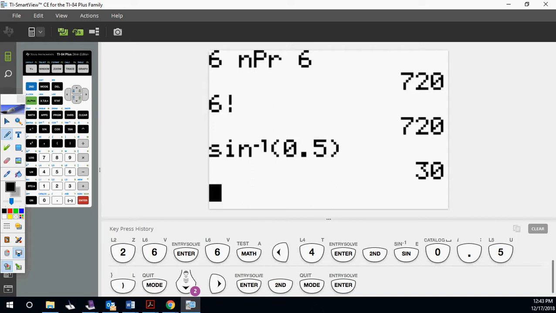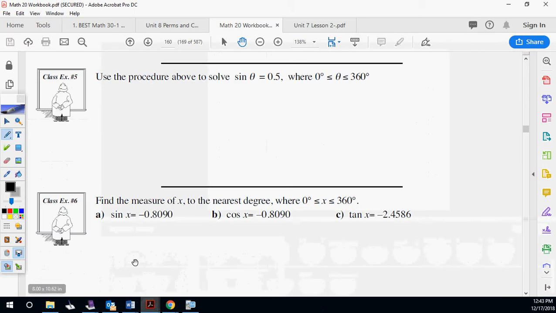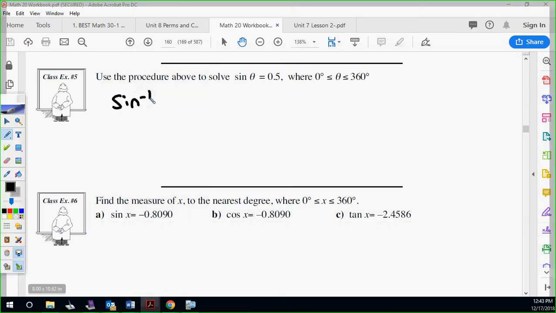So you ask yourself now, this is what we have to do. We did this work: sine inverse of 0.5 is 30. Where is sine positive? Sine is positive here and here. So 30 is an answer.